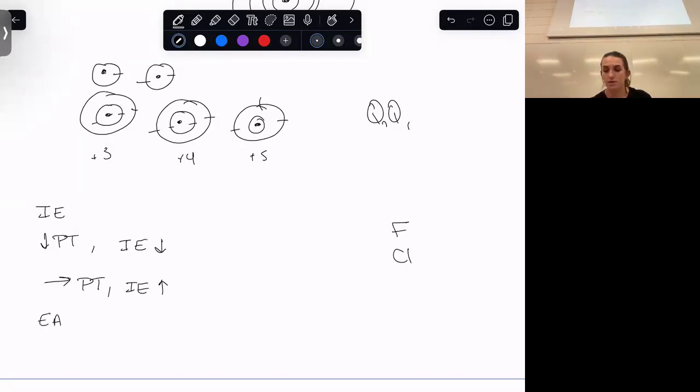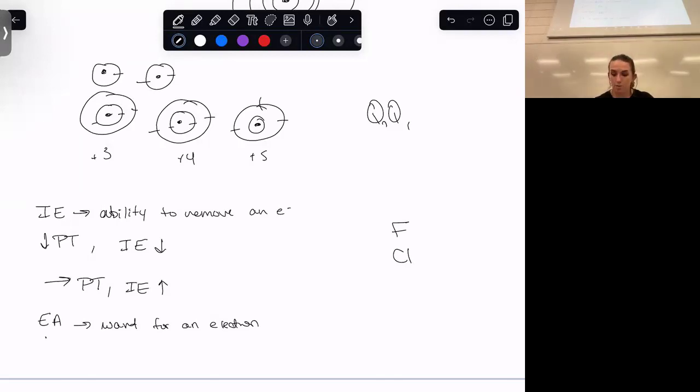Electron affinity, so this is the ability to remove an electron. Electron affinity is, I call it the want for an electron. Or, I guess that's more electronegativity, but electron affinity is kind of similar, related.